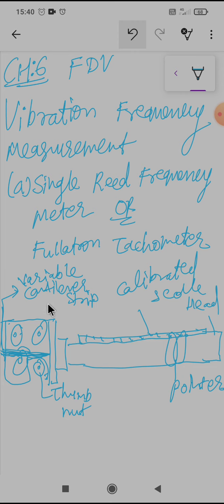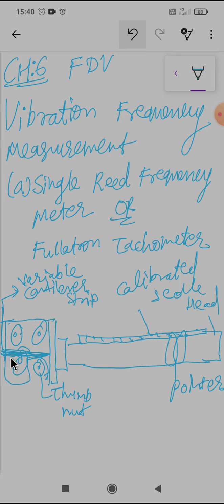The clamped end of the strip is then pressed firmly in contact with the vibrating body. So this thumb nut end is pressed against the vibrating body, and the screw mechanism is manipulated to change its free length.